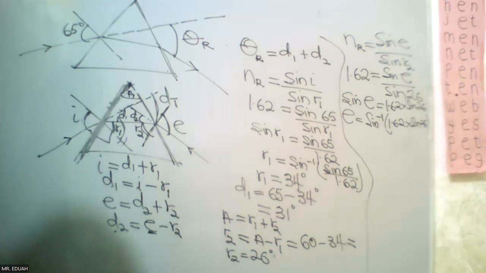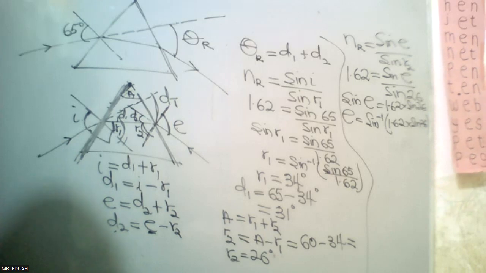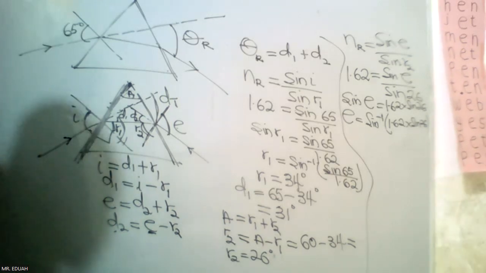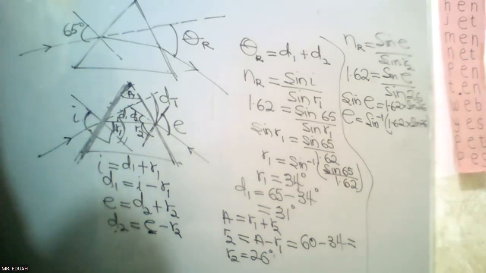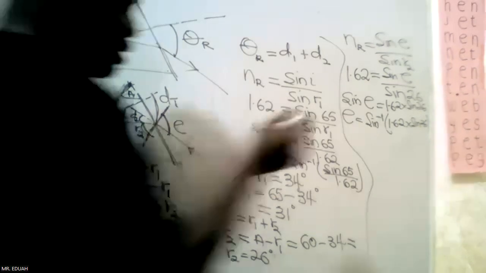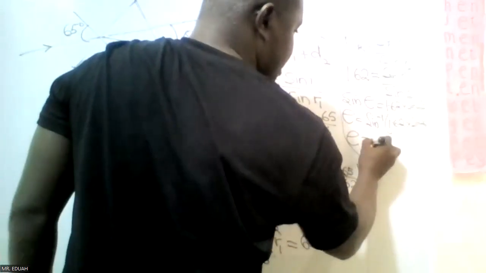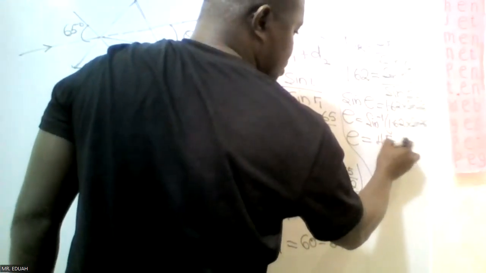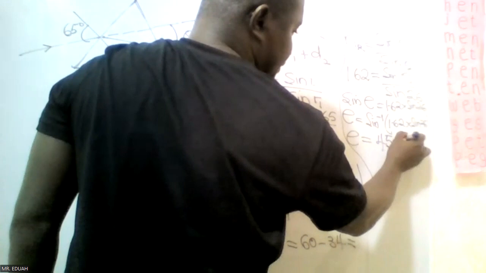If I had the angle of emergence to be 45.225. Okay, let's have a seconder. 45.23. So 45.23.